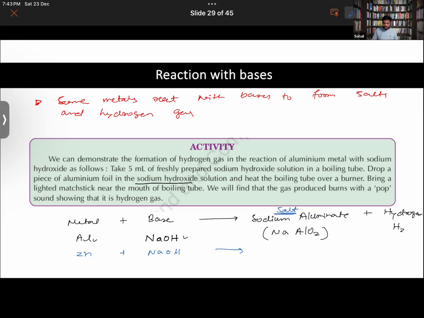Both of you, can you tell me what is common between the reaction of a metal with a base and the reaction of a metal with an acid?